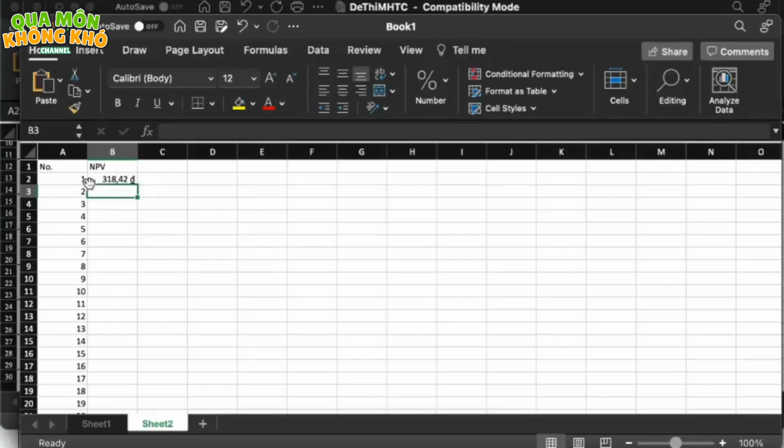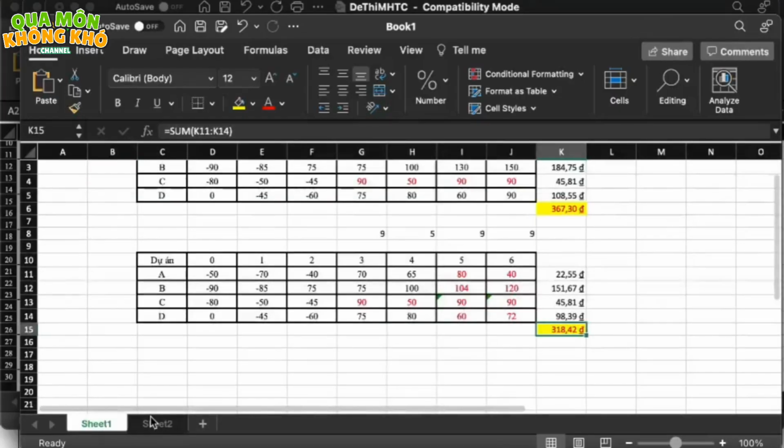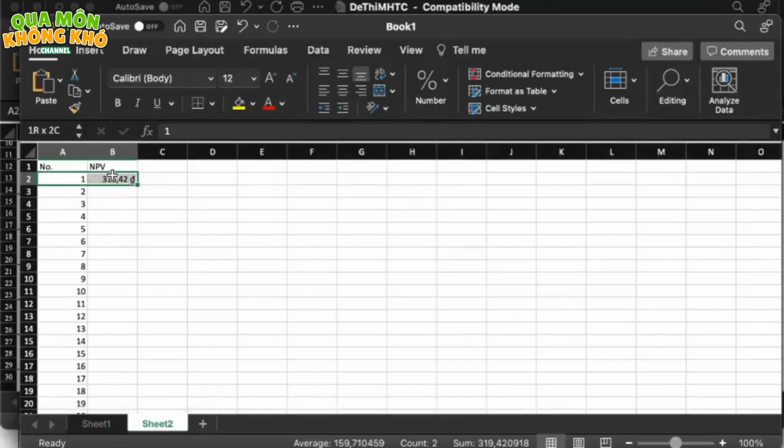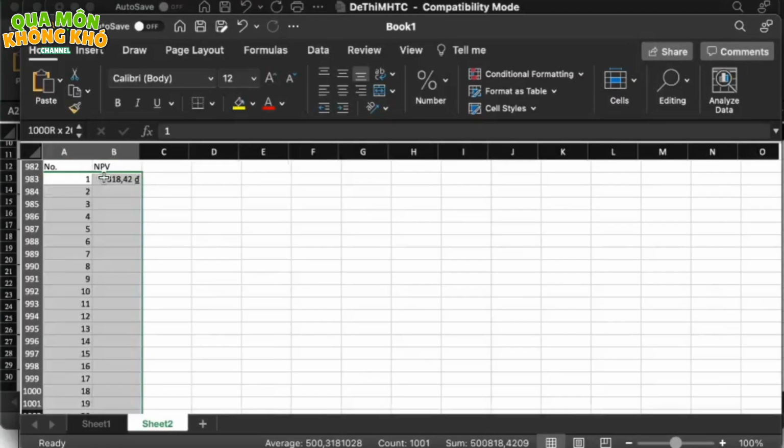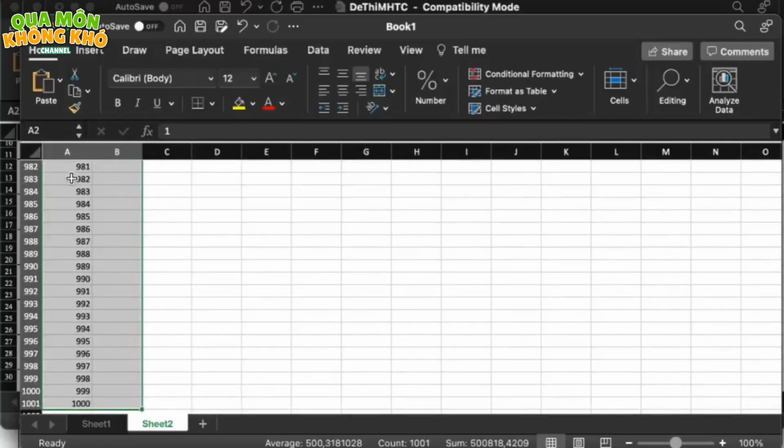So we use the data table technique to fill every NPV with the simulation model from sheet 1. First of all, you choose one of the blocks. Remember, when you choose the block, you click Control Shift and the arrow down, which marks the block from the first one to the last one.